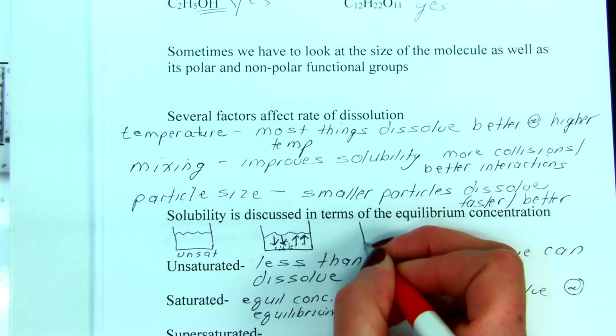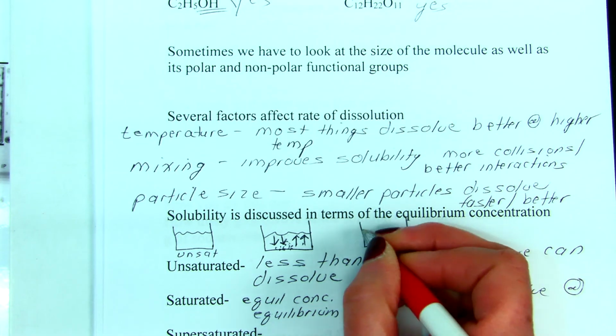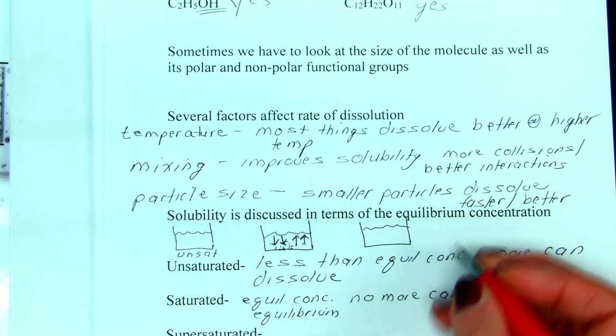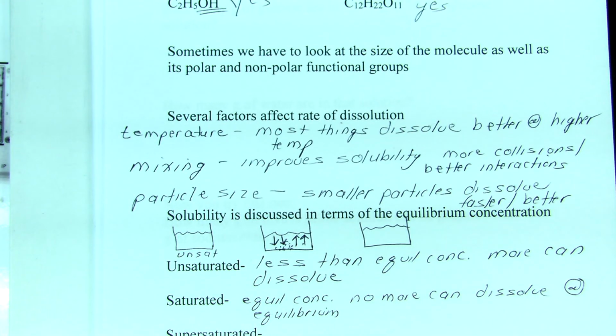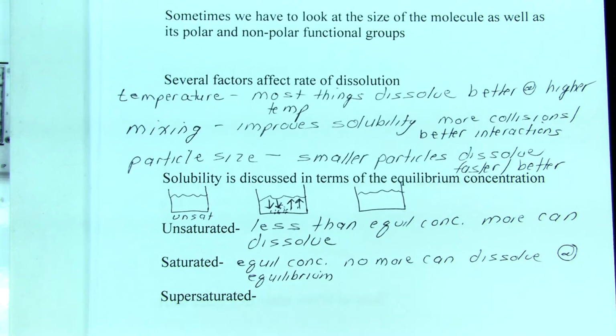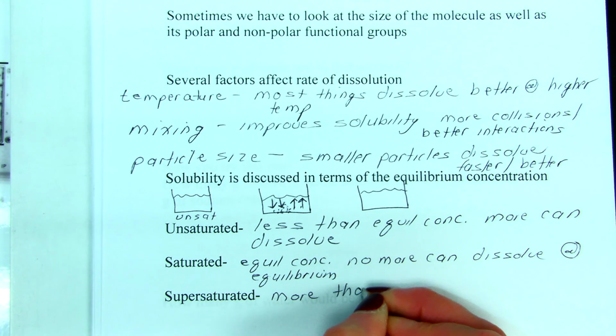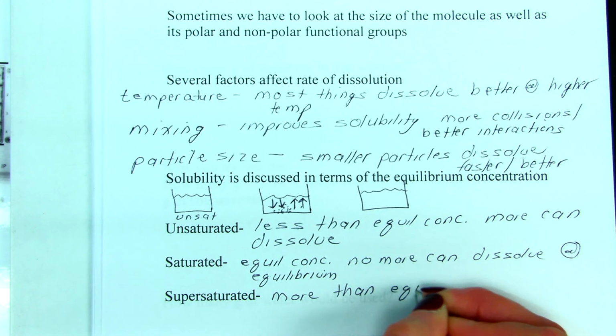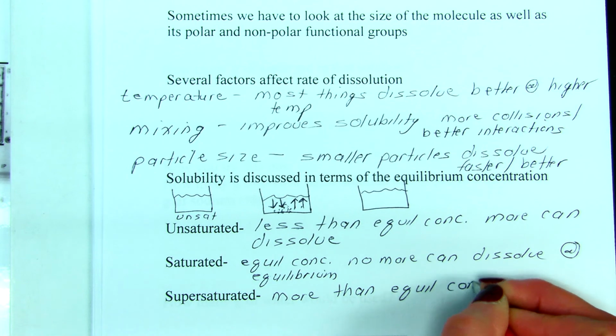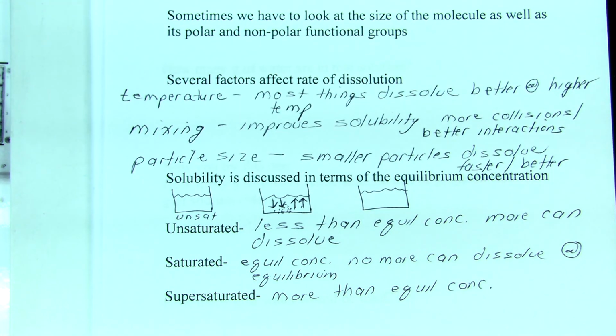And then a supersaturated solution is really interesting. A supersaturated solution has more than the equilibrium concentration. Now, how do you get that? Well, you generally get that by heating the solution up, and then you cool it very, very carefully, and the material does not fall out of solution.